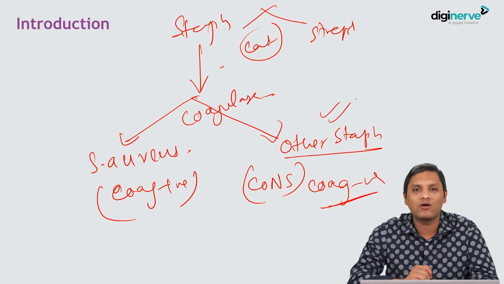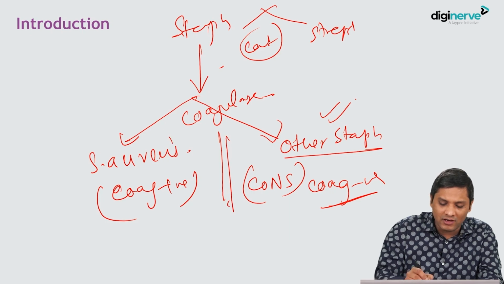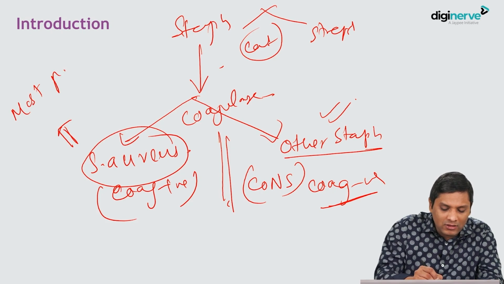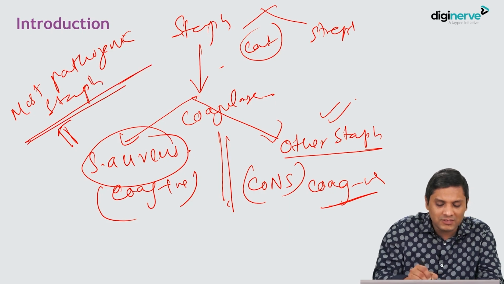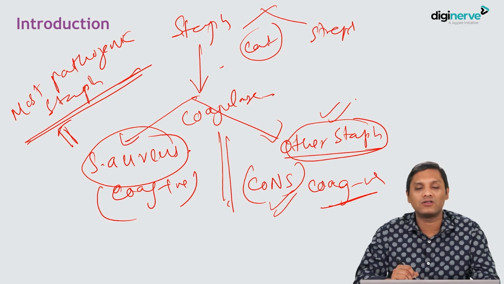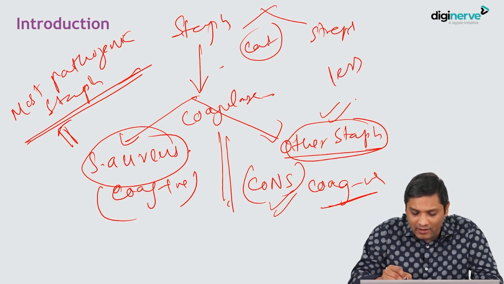Why is this classification important? Because Staphylococcus aureus is the most pathogenic Staphylococcus species encountered in clinical specimens, whereas other Staphylococcus species, that is coagulase negative staph, are relatively less pathogenic.